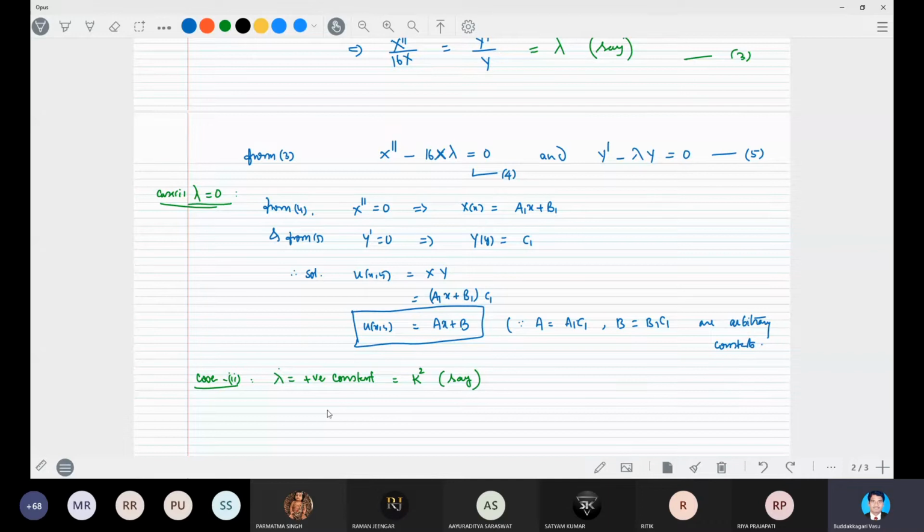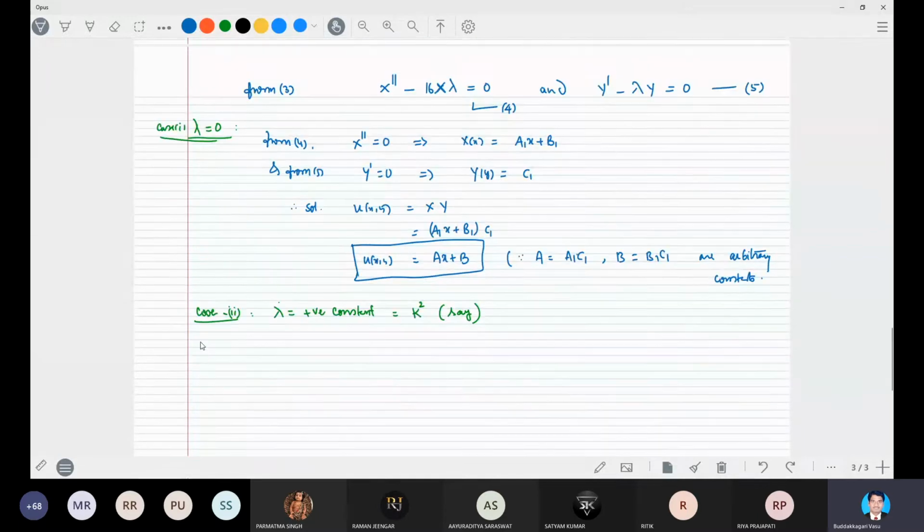Assume a constant k square. Assume lambda is any positive constant. That positive constant we will take as some constant k square, for our convenience we assumed it's the square of k. Okay, positive constant, because any k we can take, right? That will give you positive constant lambda.